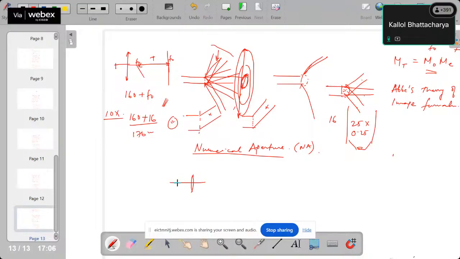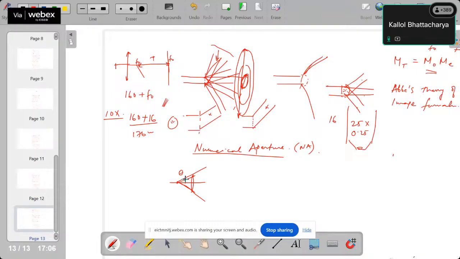We put the object here. Let us assume we have a point object. A point object is just a delta function, and you know that the diffracted orders will be from minus infinity to plus infinity in terms of spatial frequency, so it will spread out in all directions. But let's say this is my angle theta, the semi acceptance angle.